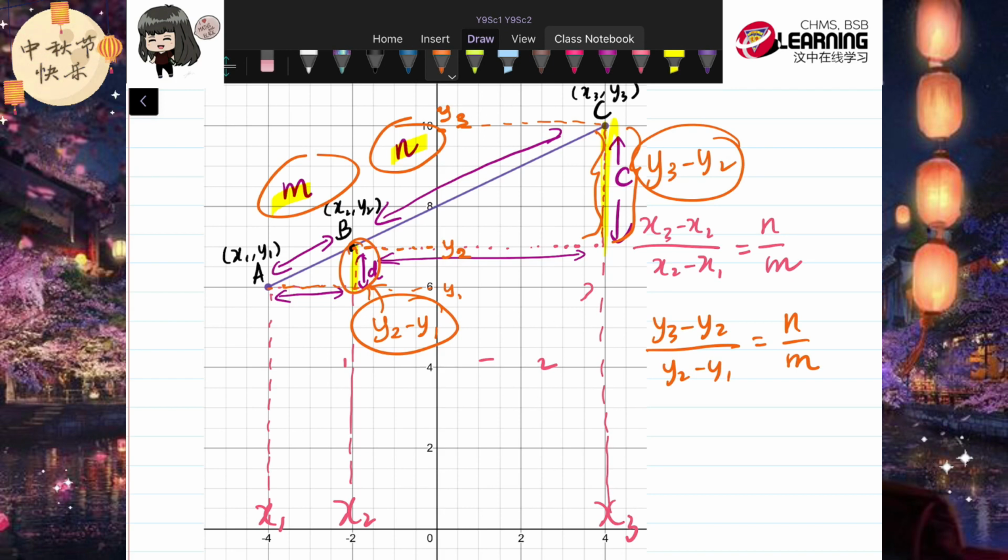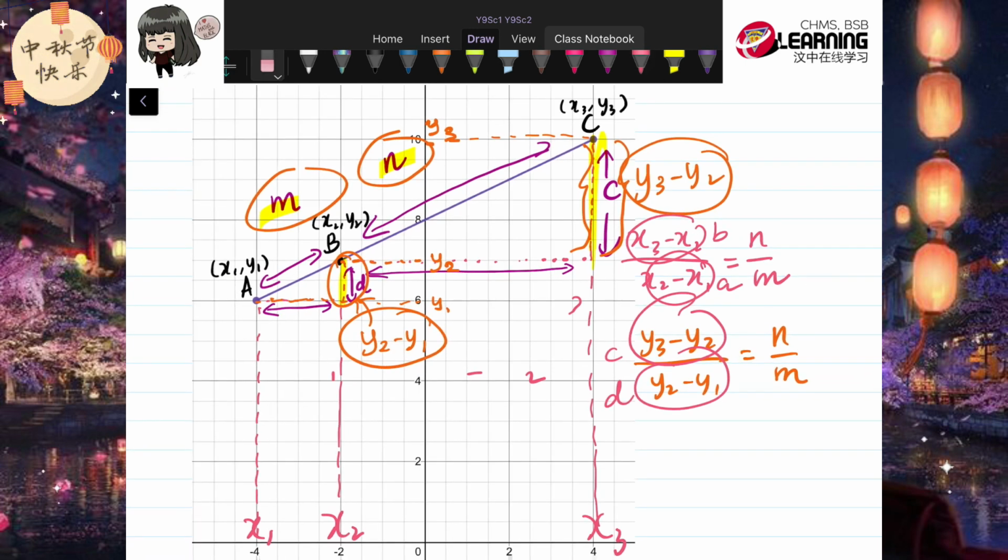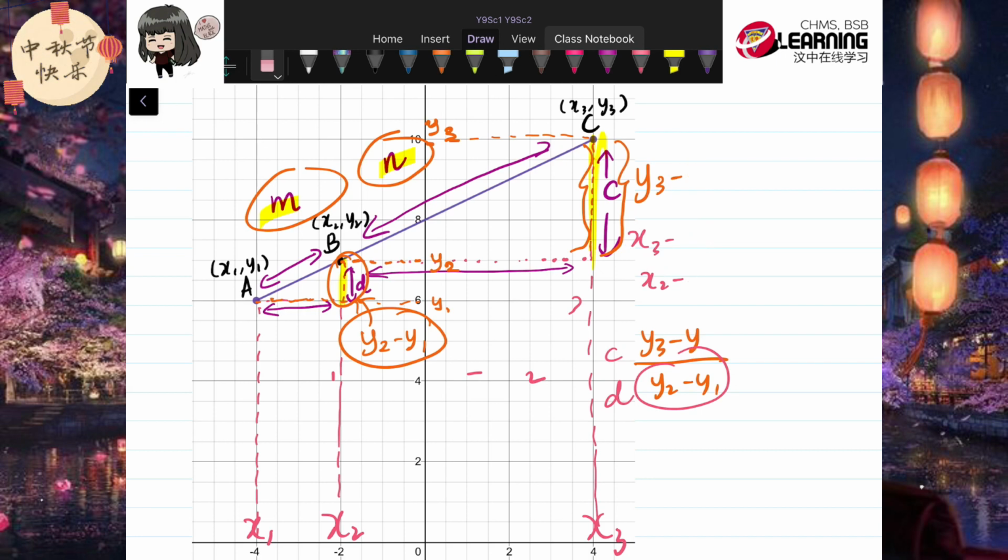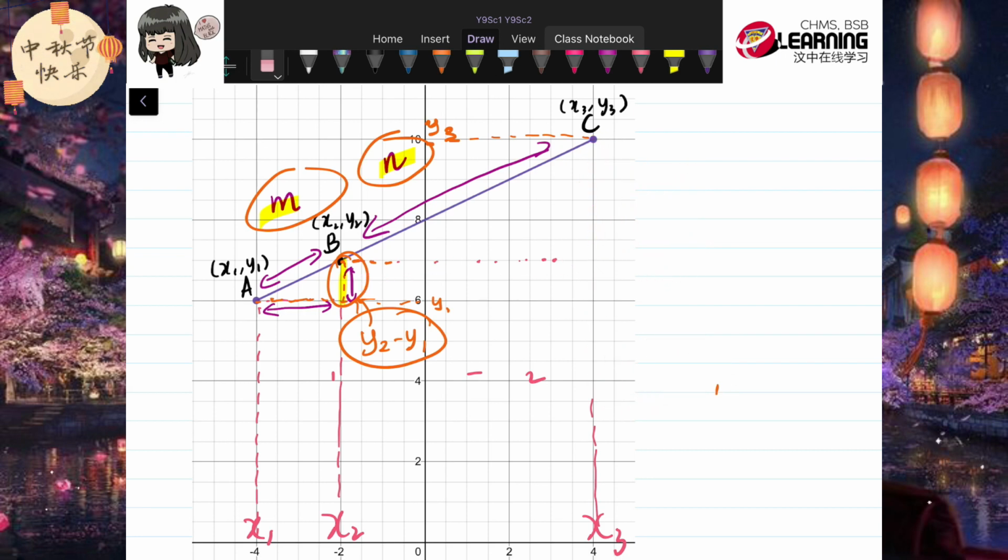So basically this is your length of c, this is your length of d, this is your length of b, and this is your length of a. I hope you don't need to copy this one because it is probably more confusing. You copy the one that is on top here.